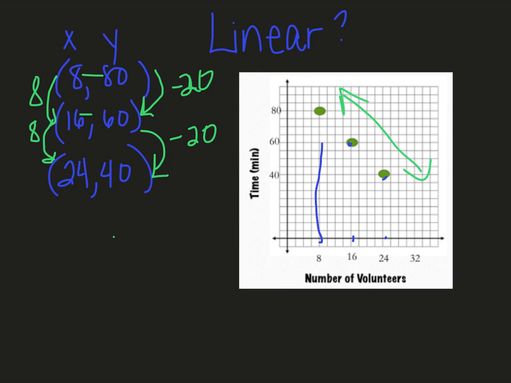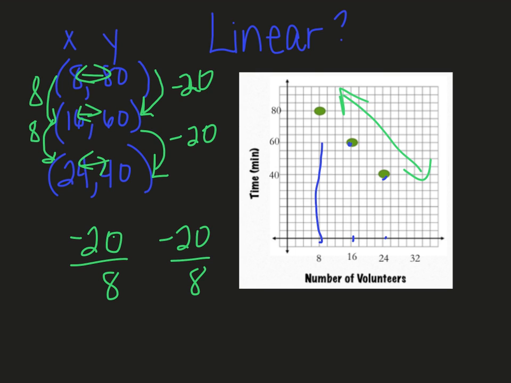I'm not caring about these relationships between these numbers. All I care about is how Y is changing and how X is changing. If I wrote it down as change in Y over change in X, then this is the same.